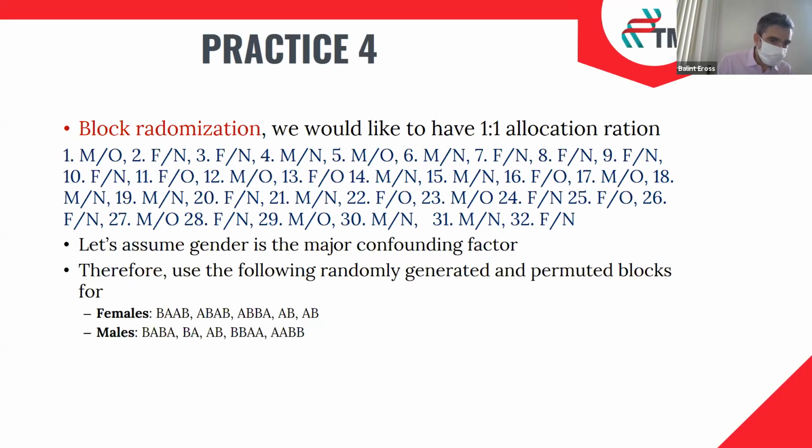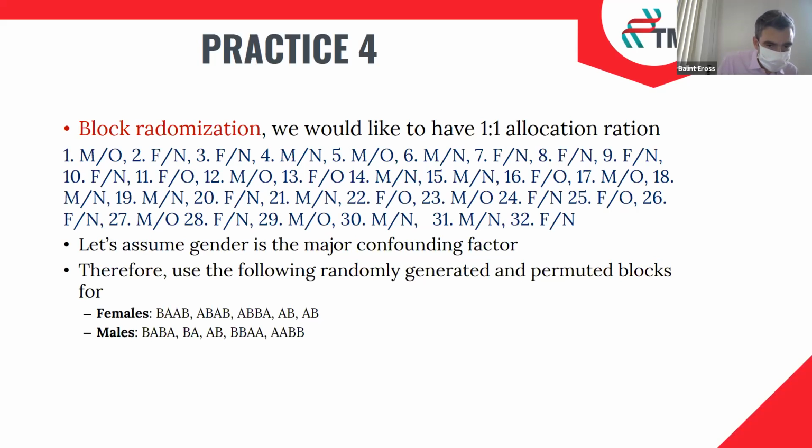And we want to make sure that we have an equal number of females on treatment B and an equal number of males on treatment A. And therefore, your random sequence generator spits out the following blocks. For the first female patient, which is number 2, you will get a B. For the second female patient, you will get an A. For the third, you will get an A, and so on. And the same for the males as well.